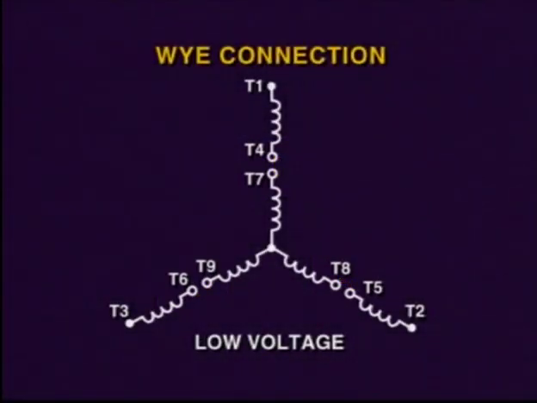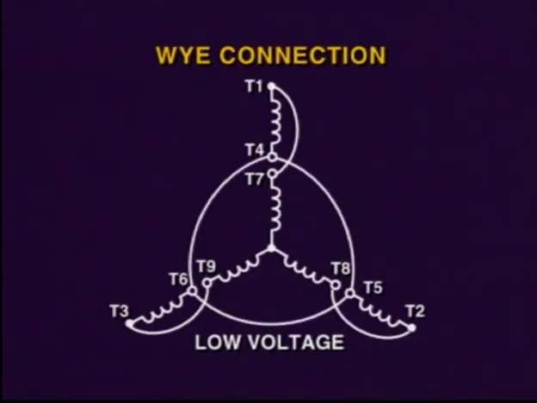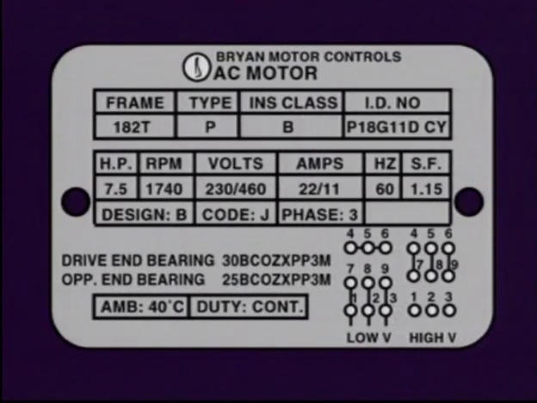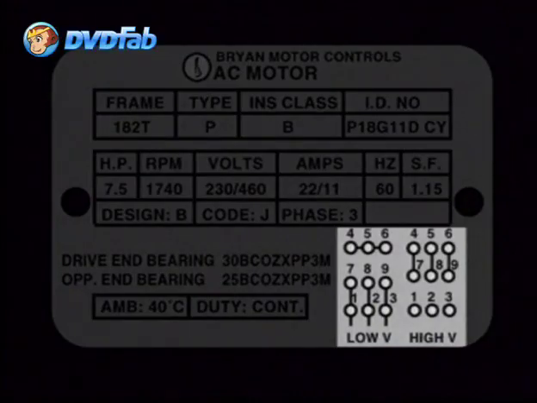For a low voltage configuration, we would connect T1, T2, and T3 to the starter and also tie together with terminals 7, 8, and 9 respectively. Terminals 4, 5, and 6 will be tied together, essentially making a smaller Y.